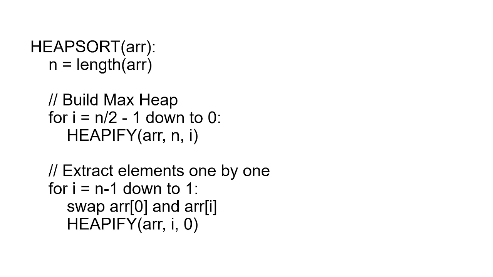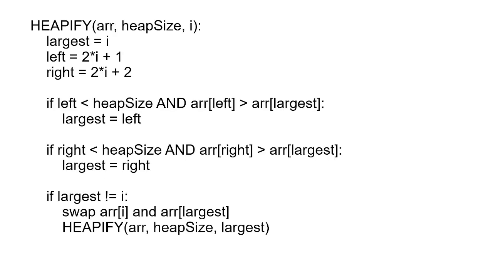The next thing we will do is to extract elements one by one. So we repeatedly place the maximum element at the end of the array. After swapping these two elements, we call heapify again on the root to restore the max heap property. And this is the heapify operation.